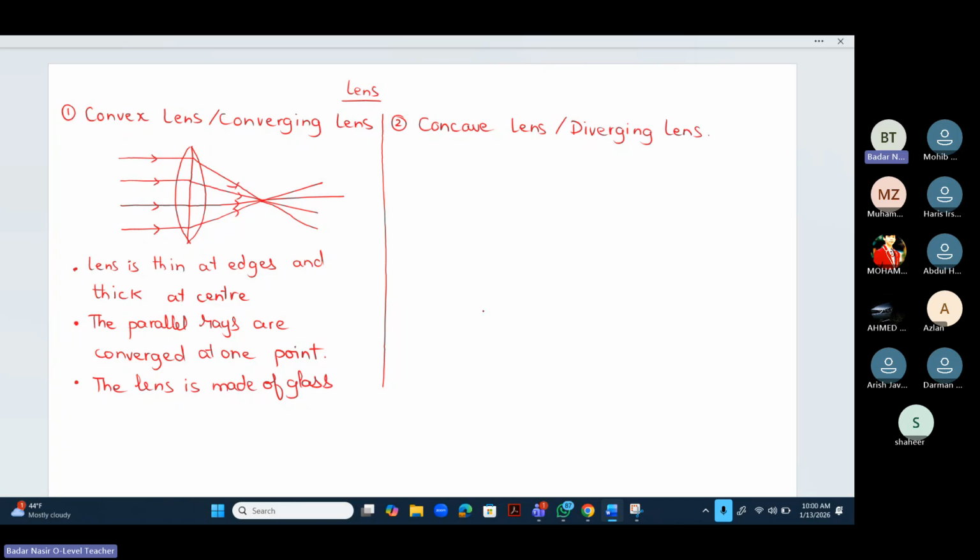Now the concave lens or the diverging lens is thick at the edges and it's thin at the center.